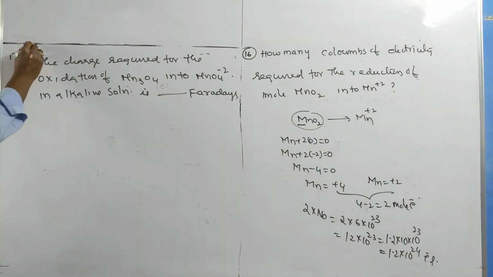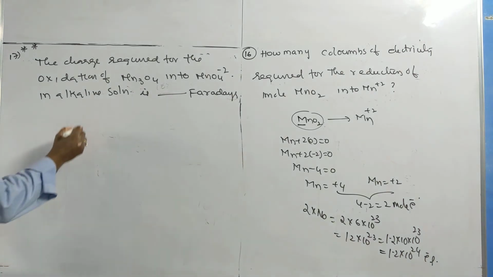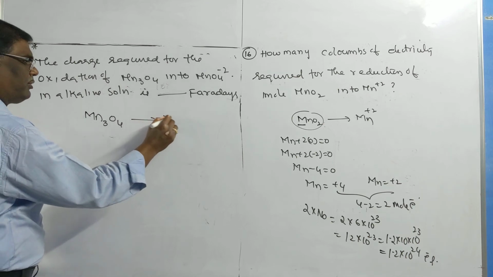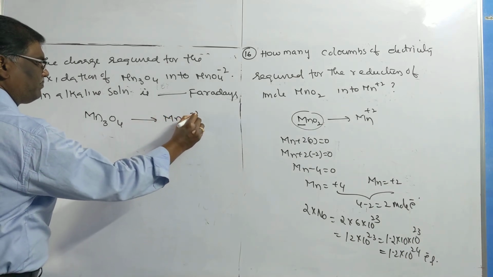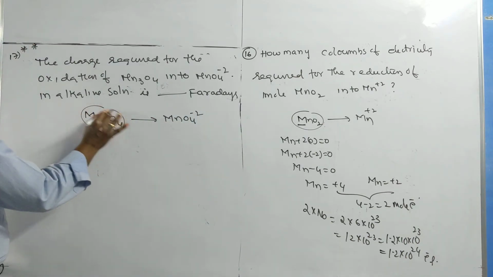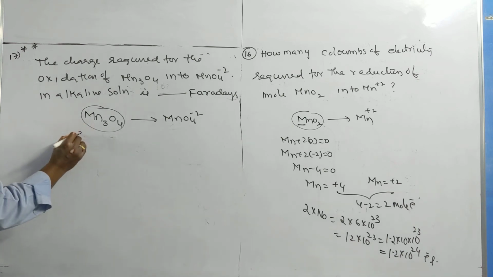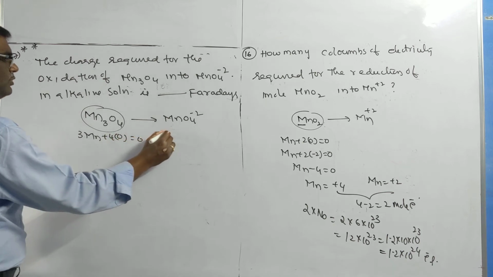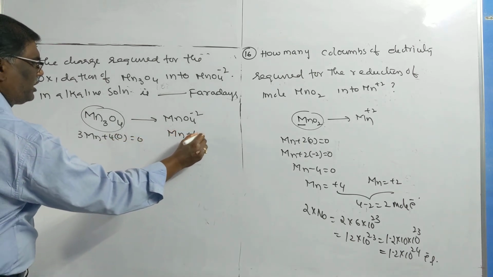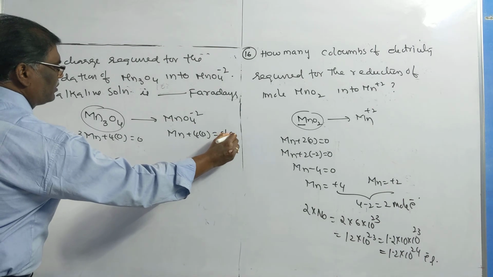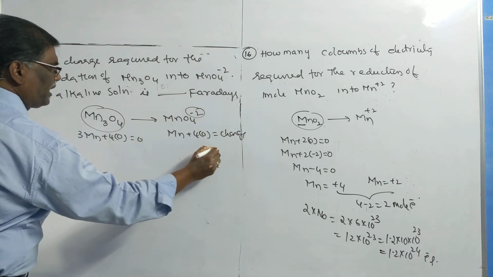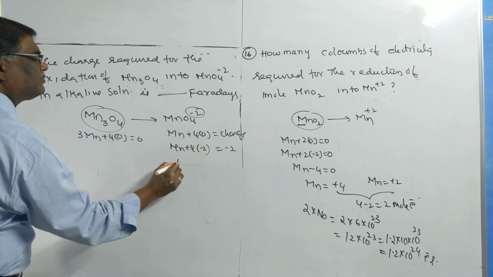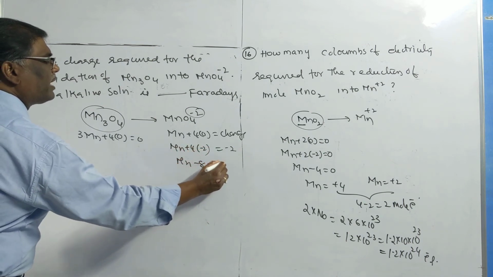This is very important. Now first you take the conversion. Mn3O4 is converting into MnO4 minus 2. First you calculate the oxidation state. So 1 Mn plus 4 oxygen equal to charge. What is the charge here? Minus 2. So Mn plus 4 into minus 2, Mn minus 8 equal to minus 2.